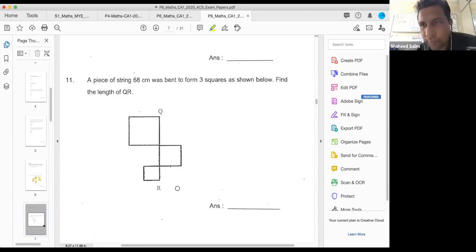Clue: think in terms of set. Then you can do this.